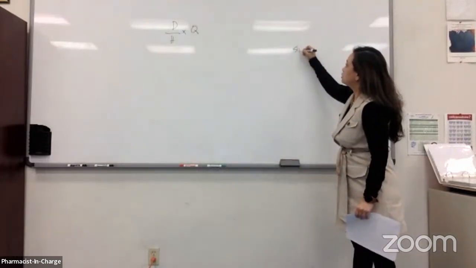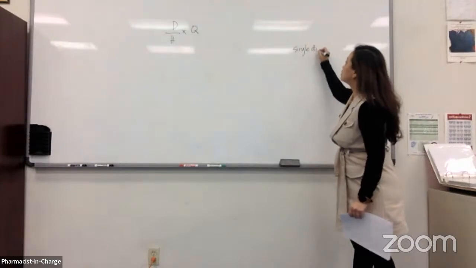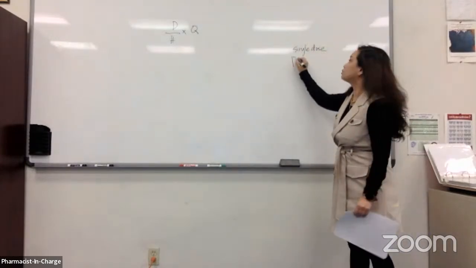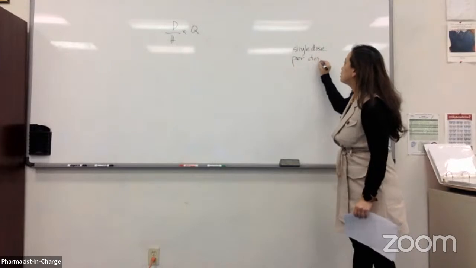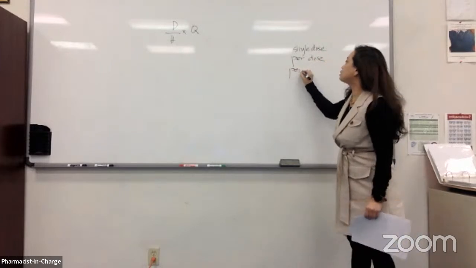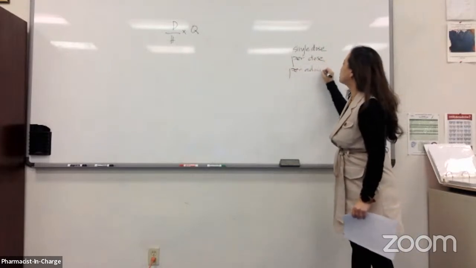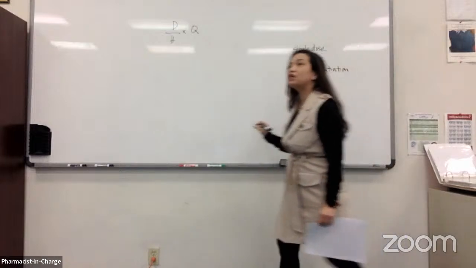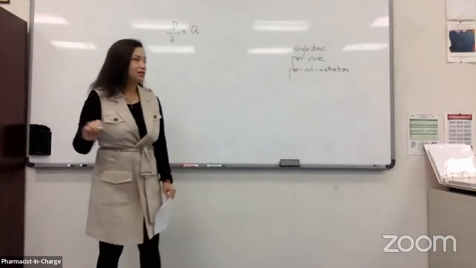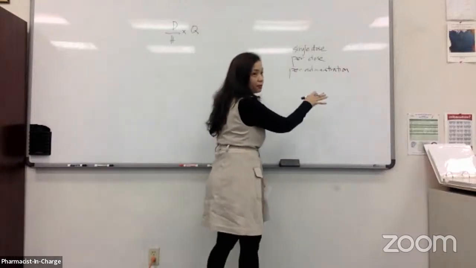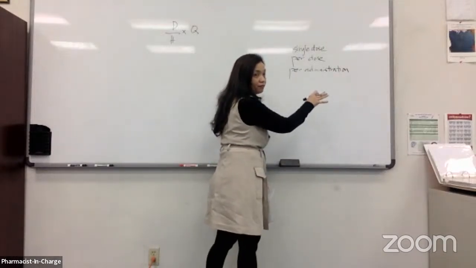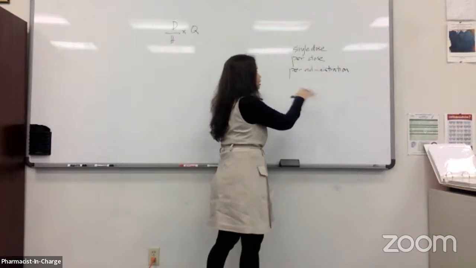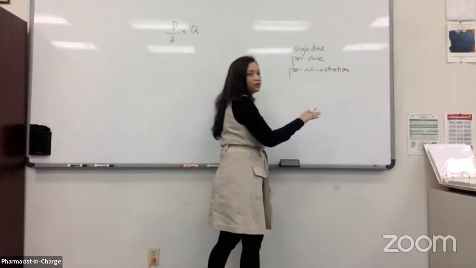Now, single dose is the same as per dose and is the same as per administration. So if you see this in the instruction, they're one and the same. Calculate per administration. Per dose, single dose, they're one and the same.